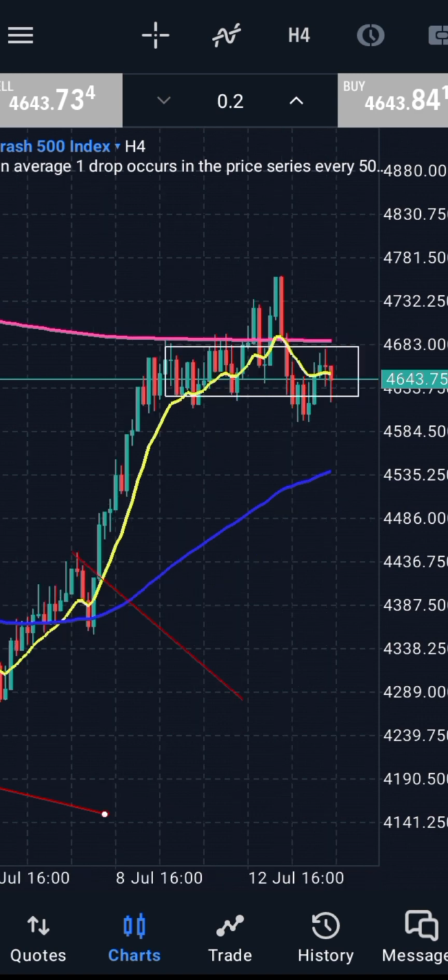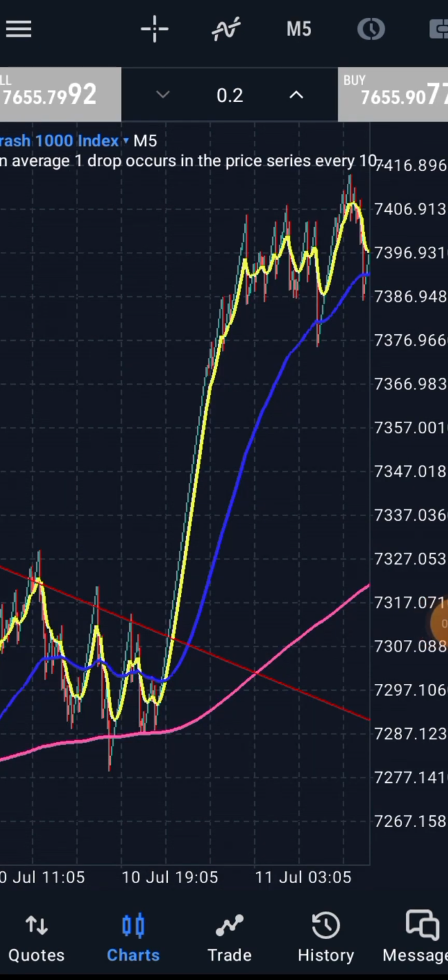Either the market will break out, which this one is like a false breakout, and return back. Like I said, you have to know the direction of the market using the pink indicator and the blue indicator as well, to know where the market is heading to.